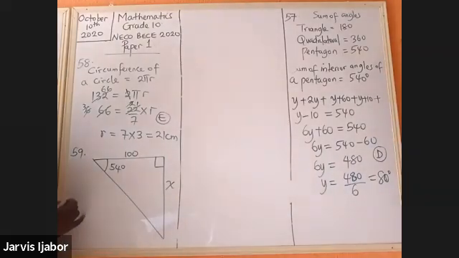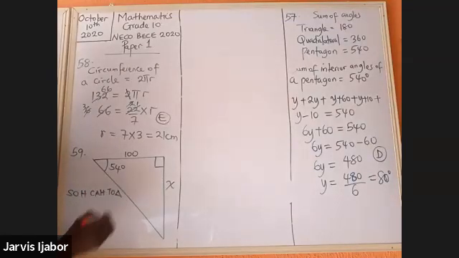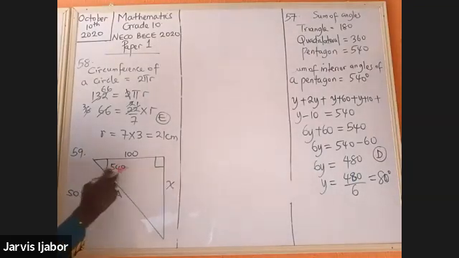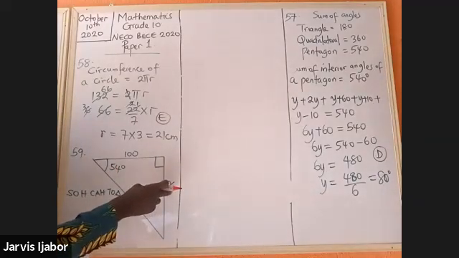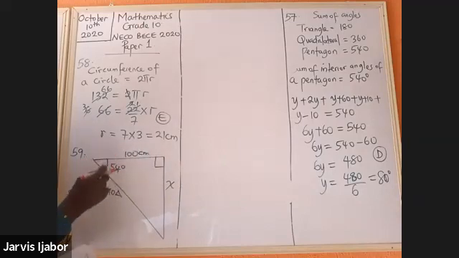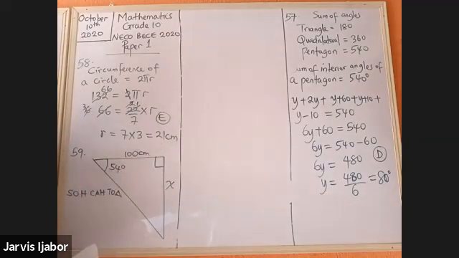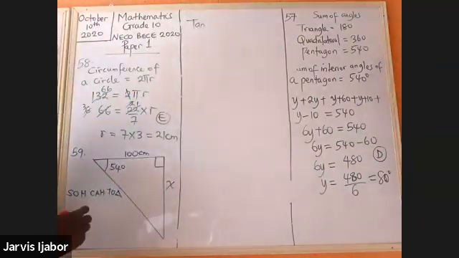Now, remember, we're still going to use our SOHCAHTOA to do this. Now we look at it. This angle is facing this side. It's called the opposite. And the side the angle is hanging on is called the adjacent. So our tan will hold forth for us there.